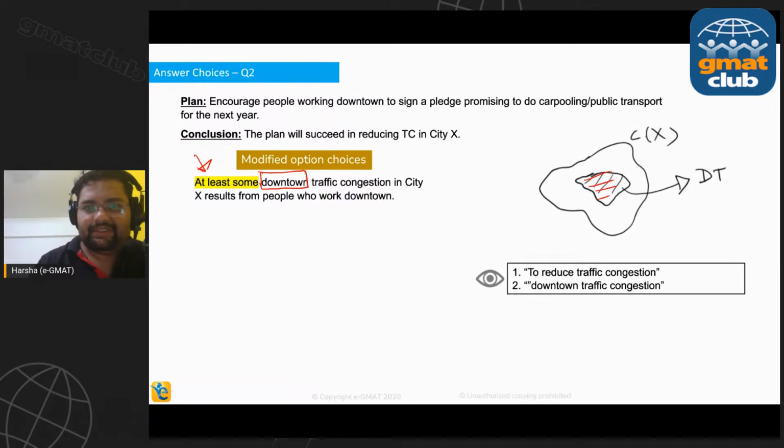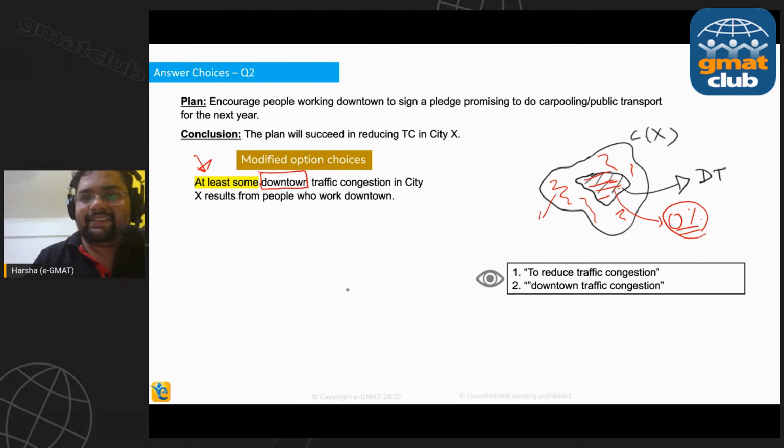Downtown traffic congestion. Even if the people who are working downtown do absolutely nothing in this zone, they contribute 0% to the traffic congestion in the downtown area. Even then, the same people who are working downtown might be causing a lot of traffic congestion in the non-downtown areas. And in that case, remember, the plan's success is reducing traffic congestion in city X overall, not necessarily just downtown, right?